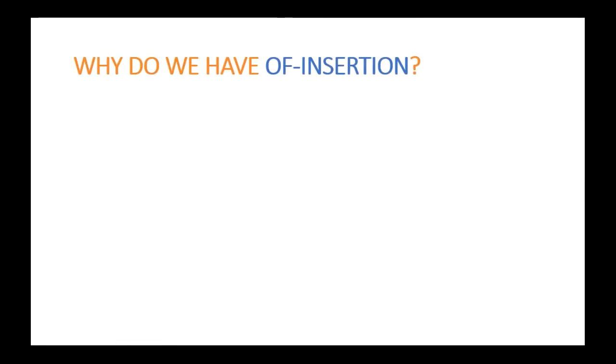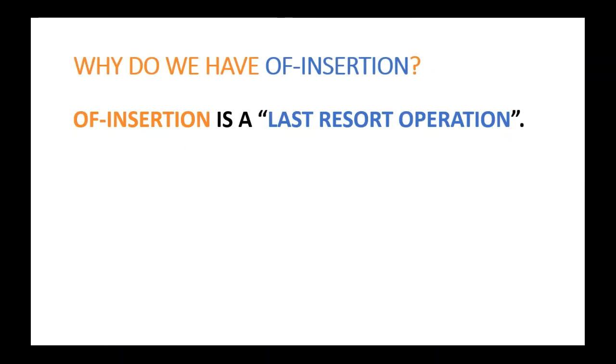Now, why do we have of insertion? So this is a question now. Why do we have of insertion? Well, of insertion is what we call a last resort operation, okay? Now, what does last resort mean? Last resort means it's an emergency, okay? So that means that whenever there's nothing else that I can do, then I have this emergency situation, and boom, I get an insertion, and this insertion then is going to save me from having a bad sentence, okay?